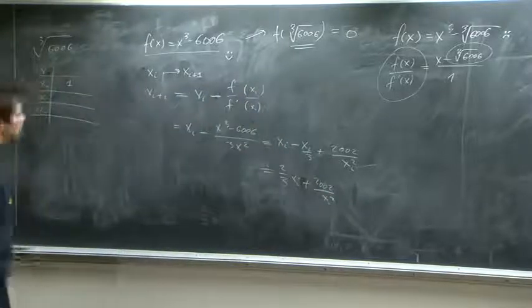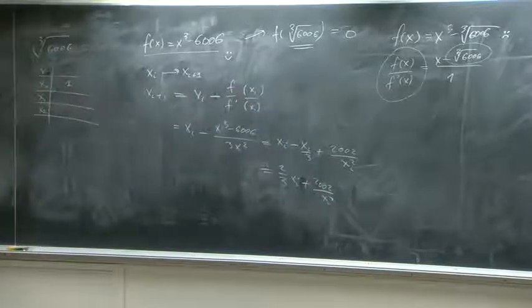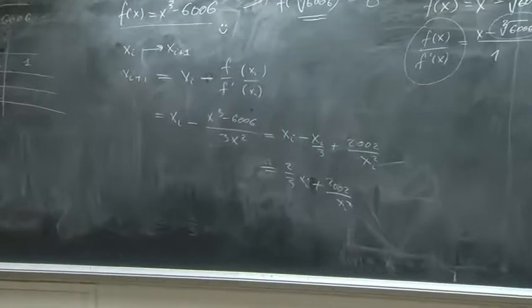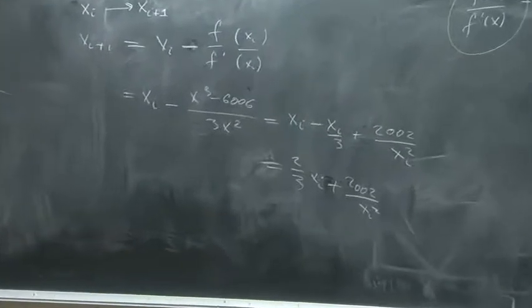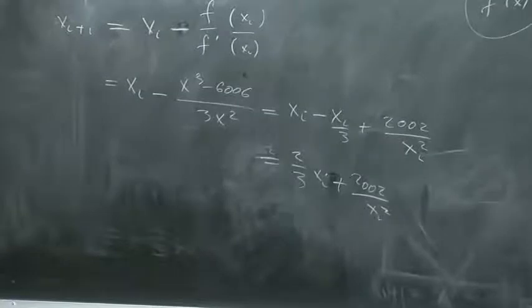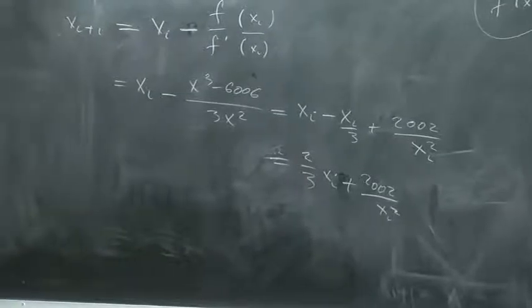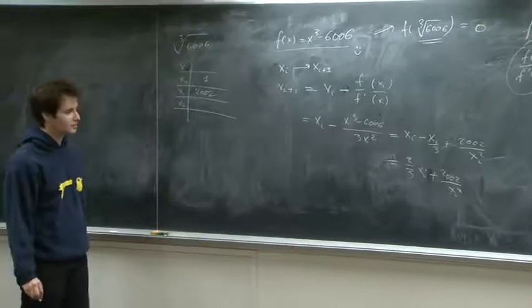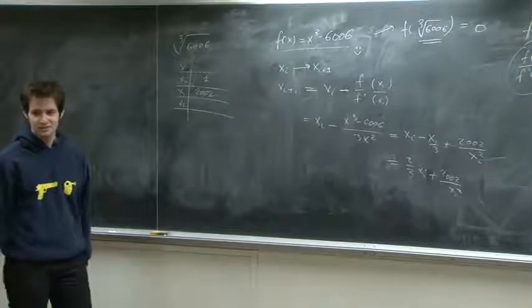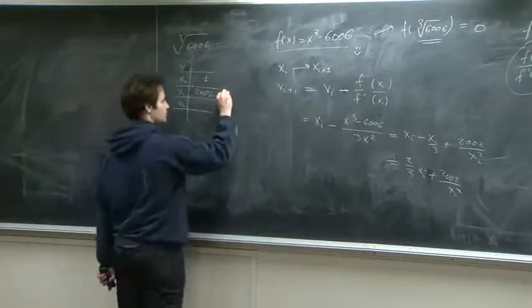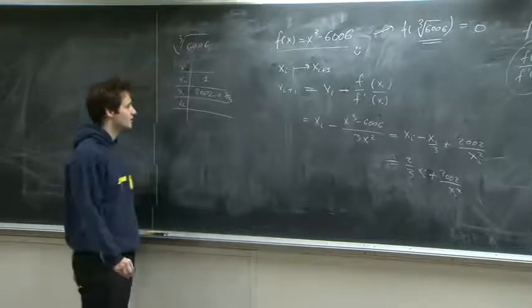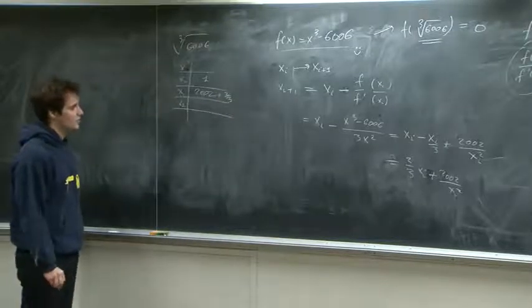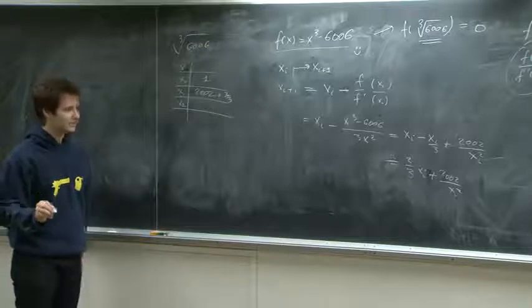So what's x1? You plug in x0. I heard 2002. I don't think it's 2002, but it's very close. 2/3, 0.67. Okay, cool. So 0.67. Let's get to that later.